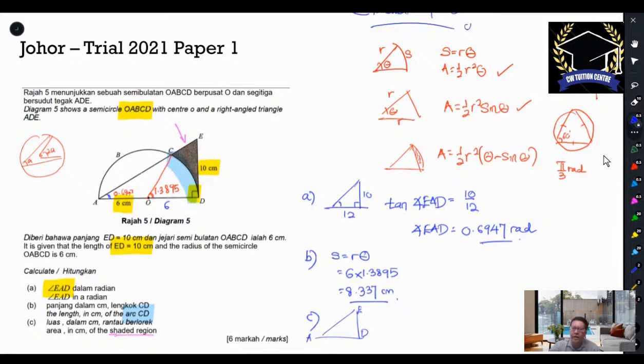Which is, yeah, we can find it, right? You take away the triangle ACO, and you take away the sector OCD. That will be the shaded area. Let's do it.